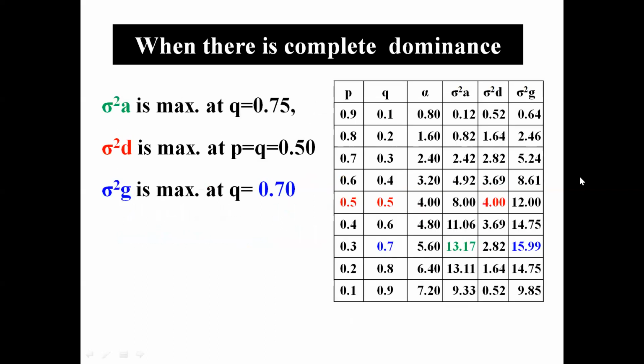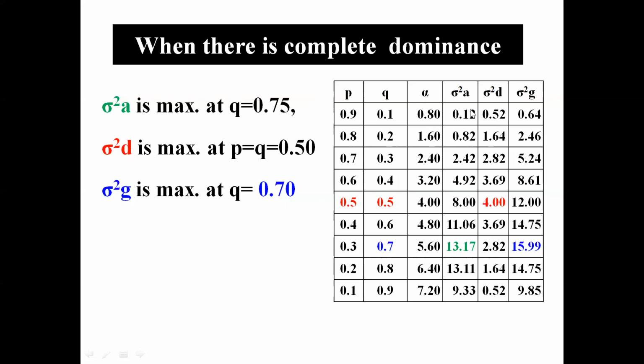Now, when there is complete dominance, I have used the same table. Additive variance is maximum at Q is equal to 0.75. This is 0.7 and this is 0.8. So by research and several other scientists' opinion, at 0.75, this additive variance is maximum, about 13.17 in this case. And this dominance variance is maximum at intermediate frequency.